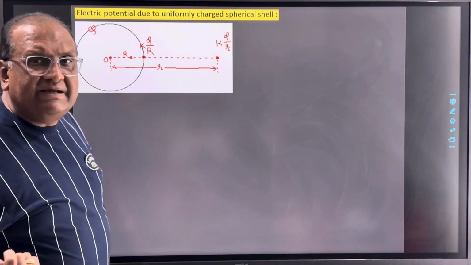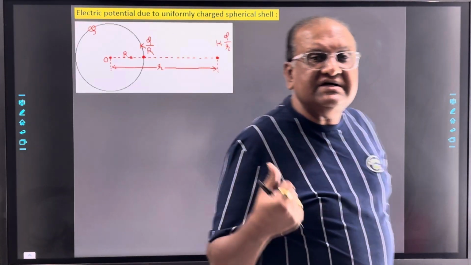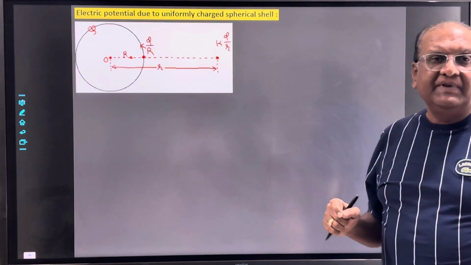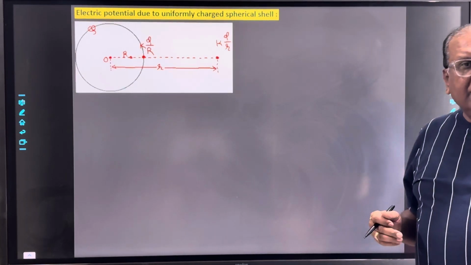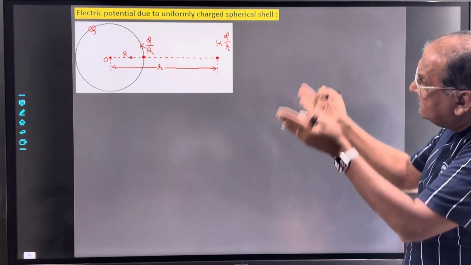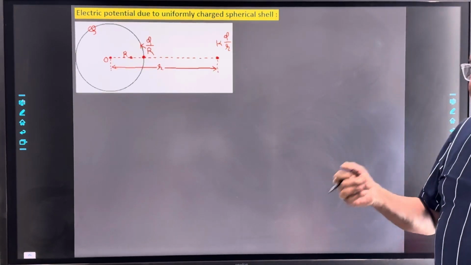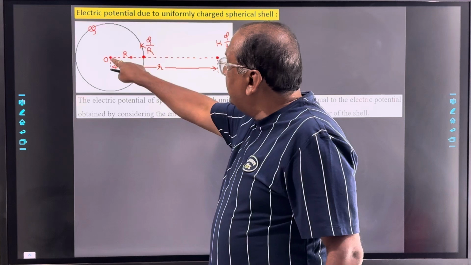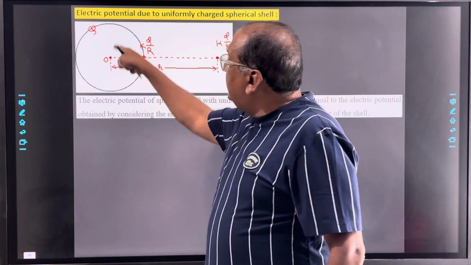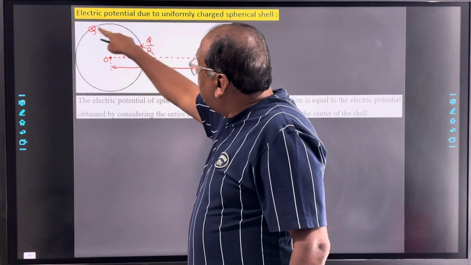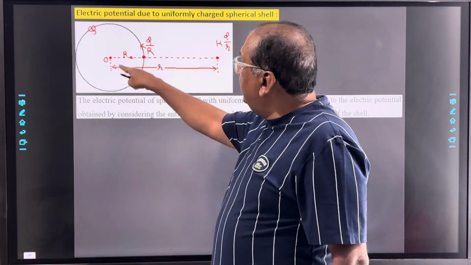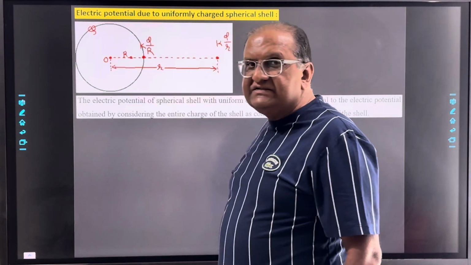So in the previous chapter, we discussed the electric field of this type of charge distribution. And in that, we studied that this entire charge distribution behaves like a point charge concentrated at the center. It implies that this entire charge Q behaves like a point charge at the center.